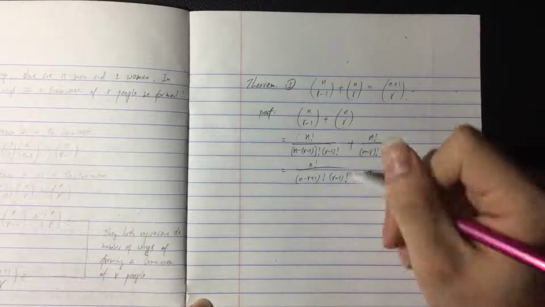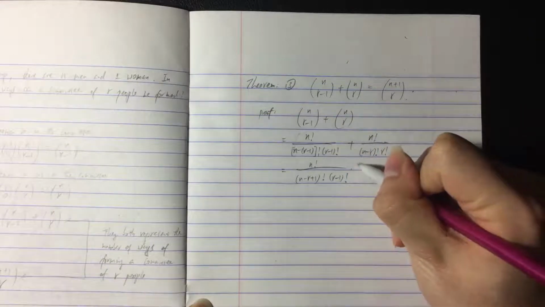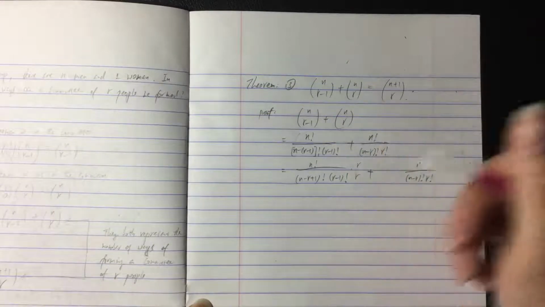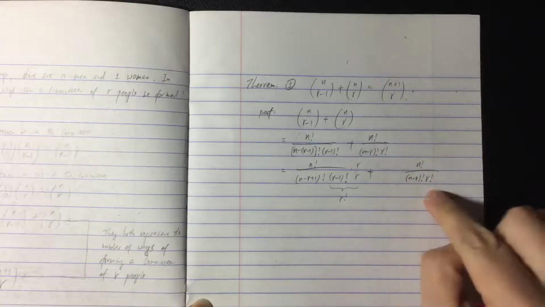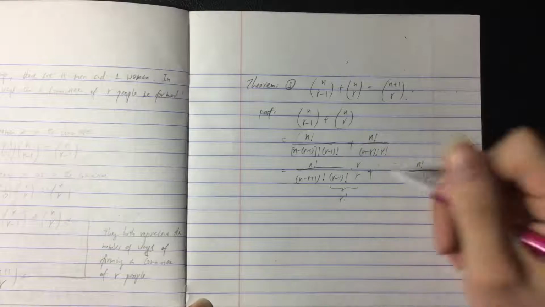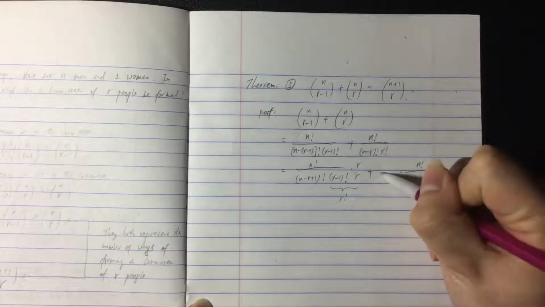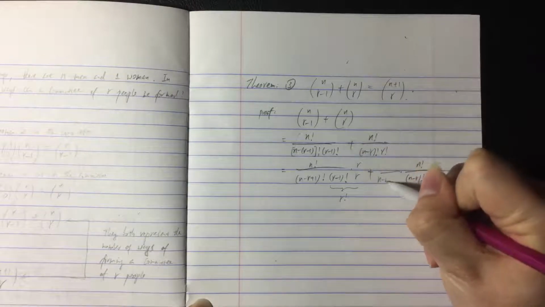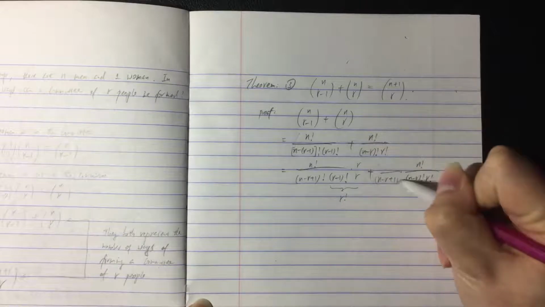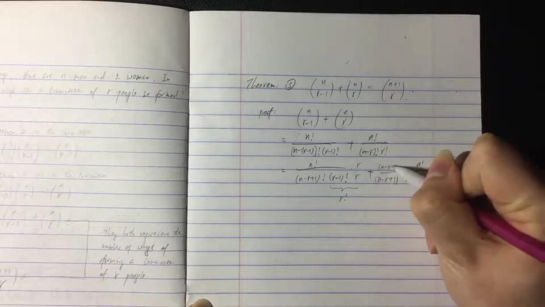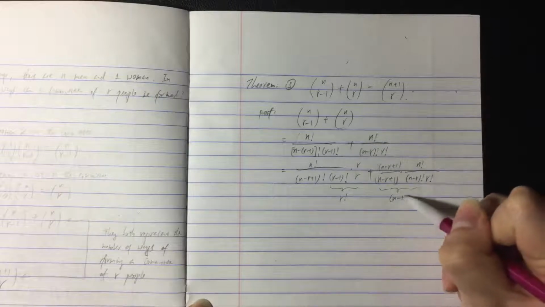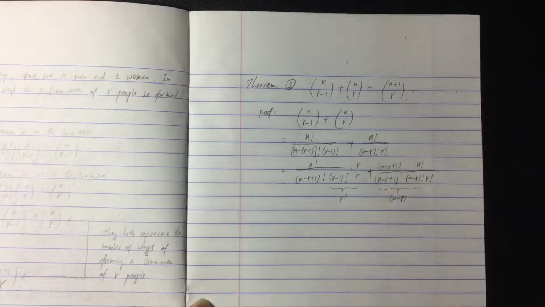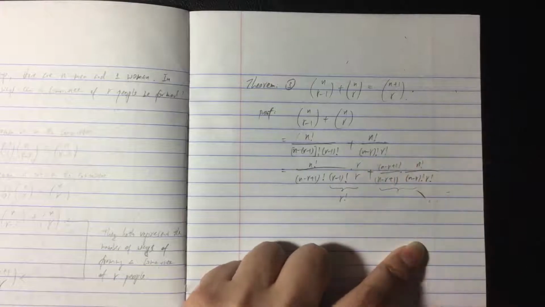For the first fraction, if I multiply the top and the bottom by r, then this part will be r factorial. For the second fraction, if I multiply top and bottom by n minus r plus 1, then this part will be n minus r plus 1 factorial.